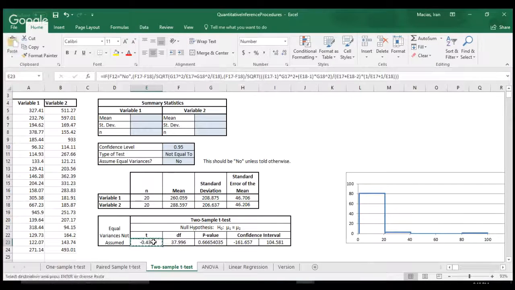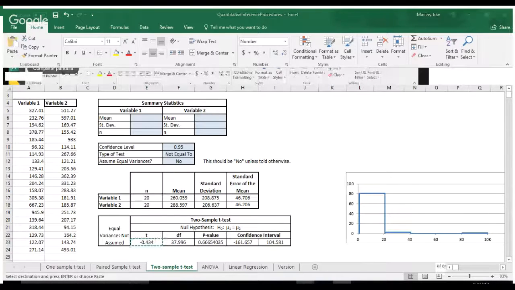I think it can be positive also though. Yeah, I think the same. So it's only 0.434, right? I don't think the negative matters. Then the p-value was 0.666. But should we do 0.667 because the 5 is next? Yeah. Okay, 0.667.